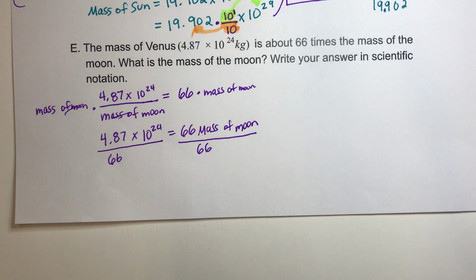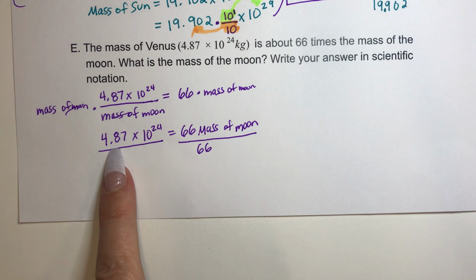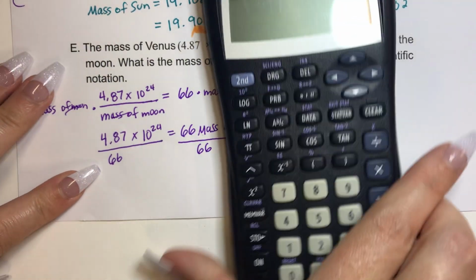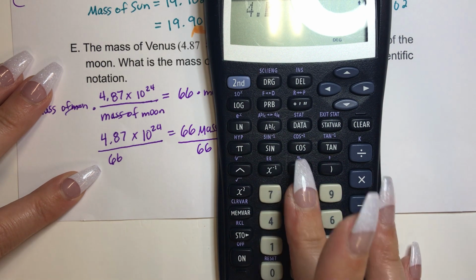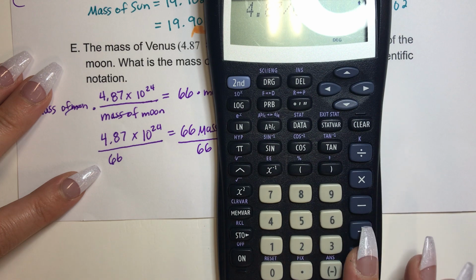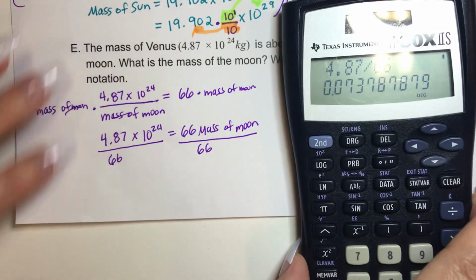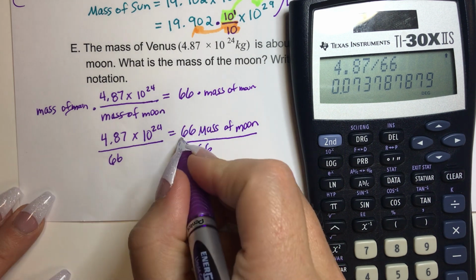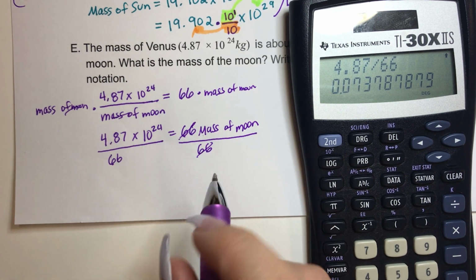Okay, so let's go ahead. I'm just going to use my calculator for this. 4.87 divided by 66, right? We know that the 66 and the 66 is 1, so it cancels out.